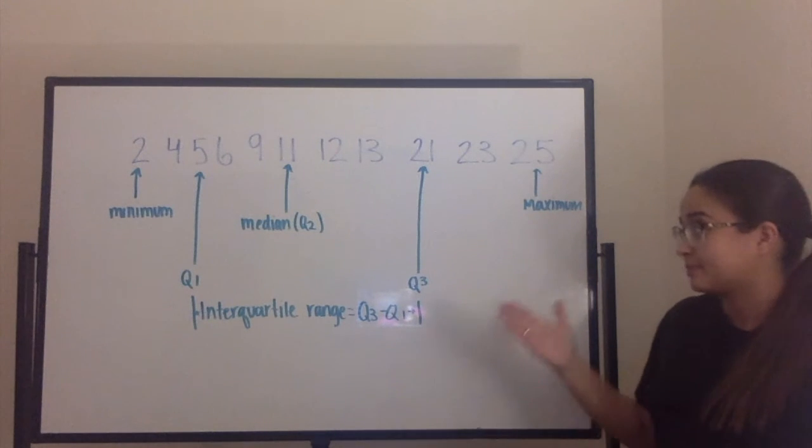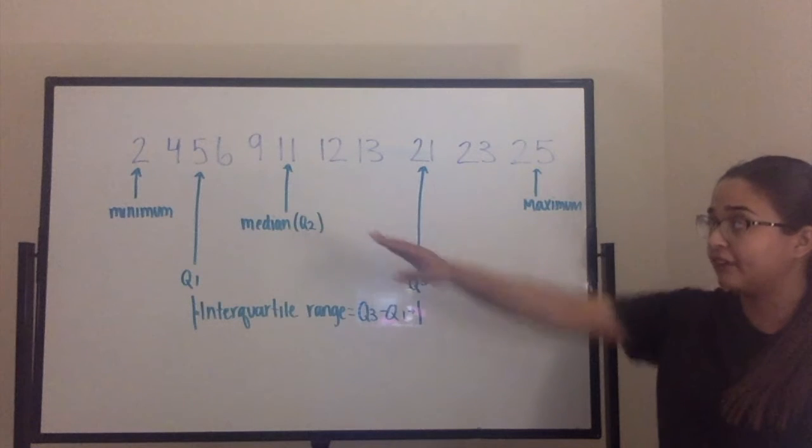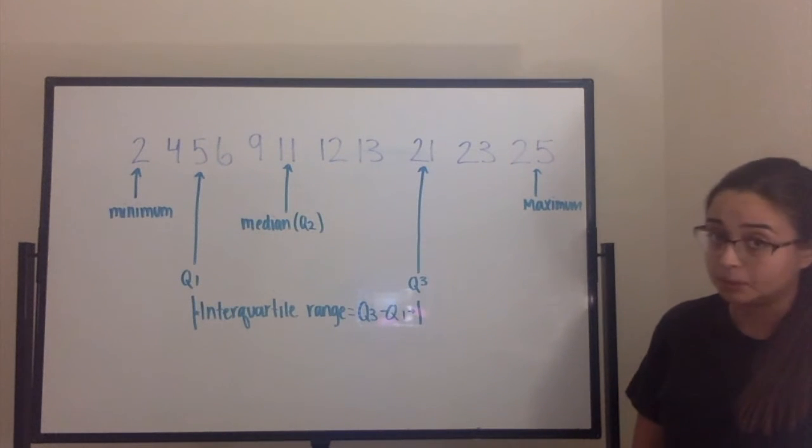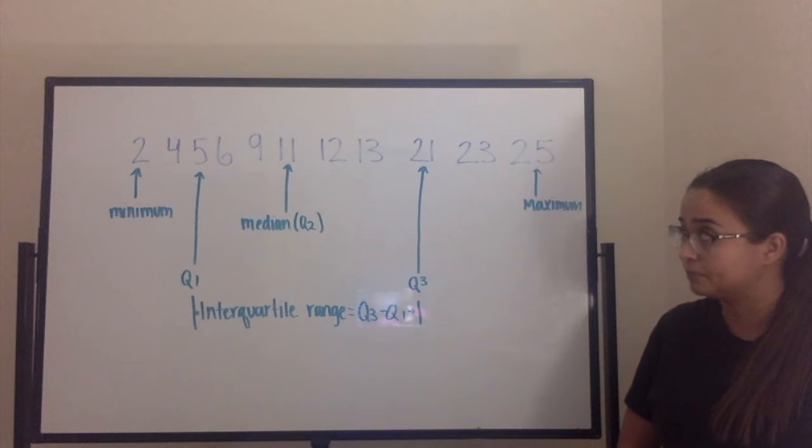Okay? Now, you'll see here that I have my 2 labeled as my minimum, and I have the 25 labeled as a maximum.